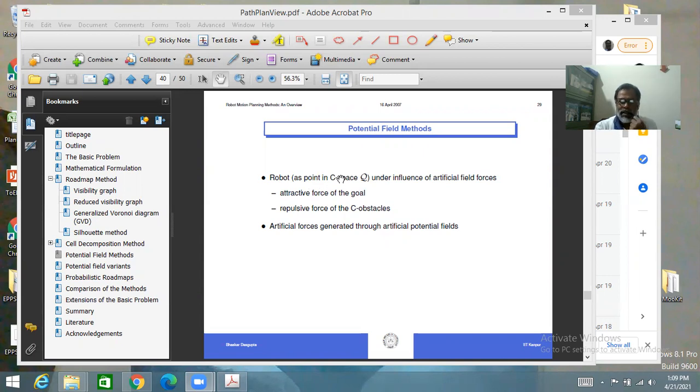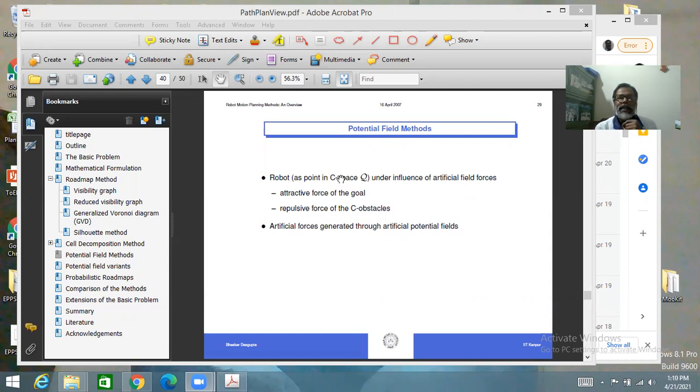So the goal will attract the robot, and then for every obstacle inside as well as on the boundary, you devise some positive potential, positive charge. Okay, positive charge or potential, whichever way you want to do. Okay, either you can put a charge distribution, or you can directly propose the potential function.